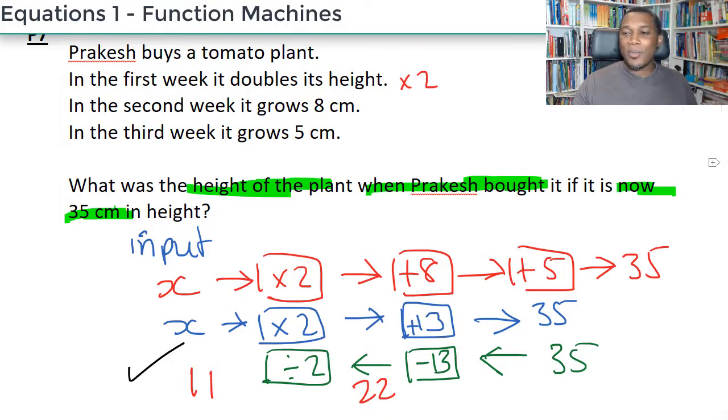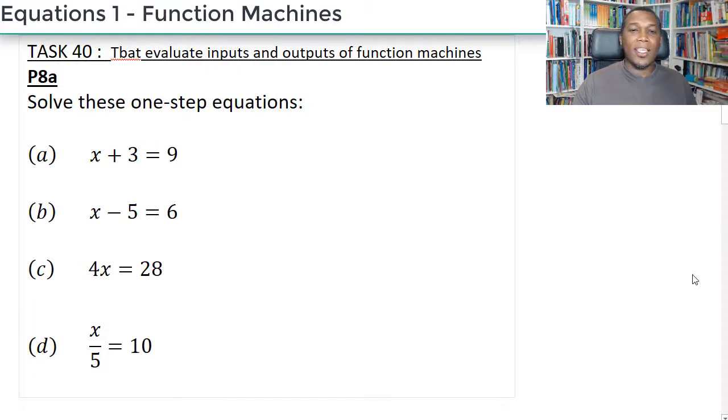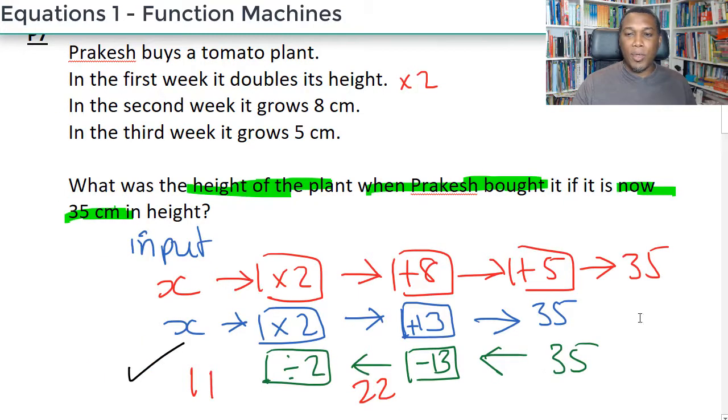Okay, let's move on. Let's see what we got here. As I was saying, and what I showed you there, let me go back. This one here, we could have written it as an algebraic equation. I just want to show you that, and then I want you to try to do the others. Writing in algebra, if I look at this function machine, I'm thinking, okay, I had some value x.